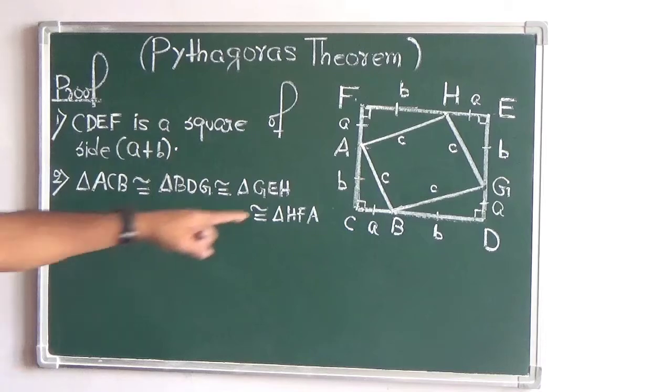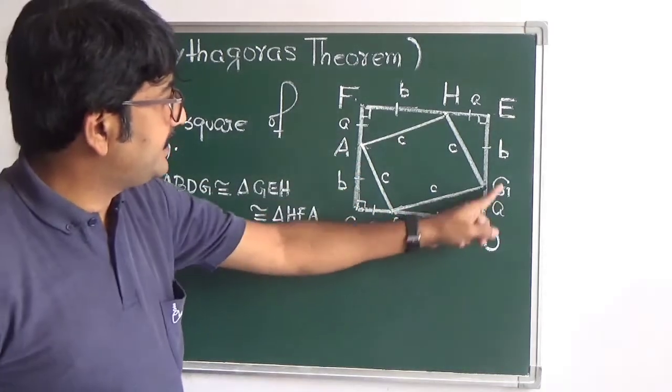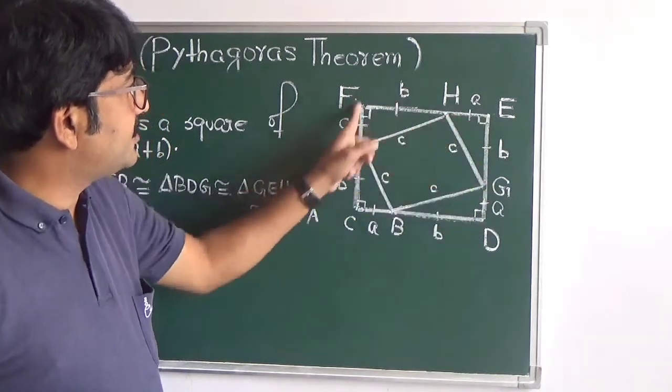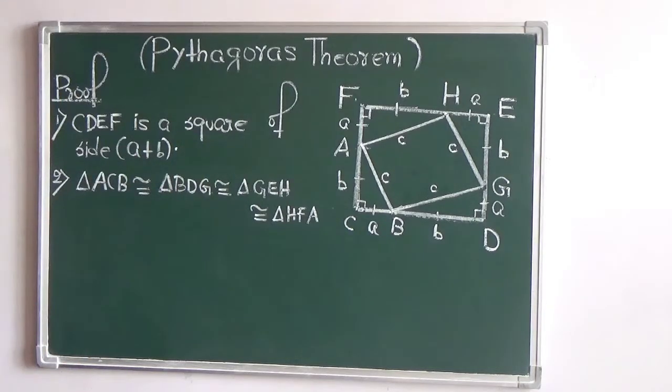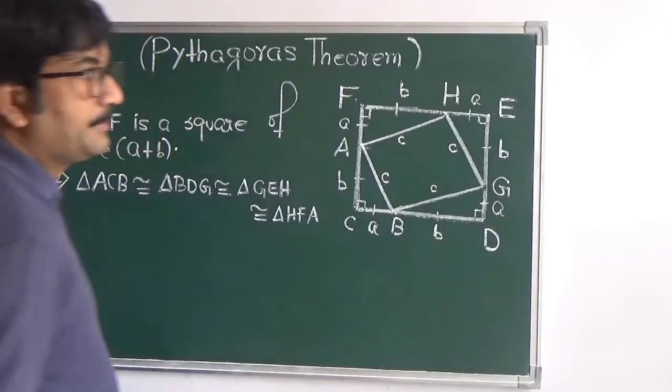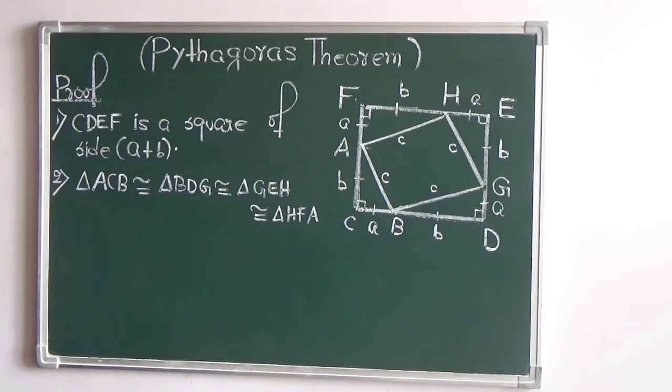Understood this? Triangle ACB, triangle BDG, GEH and HFA are congruent. And why are they congruent? Because by construction. So by the side again you write inside bracket by construction.